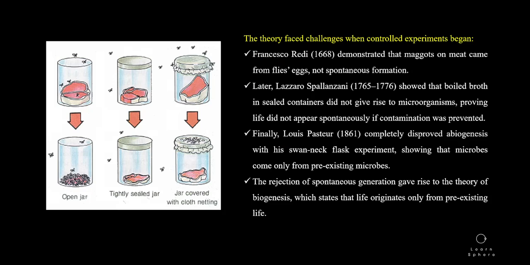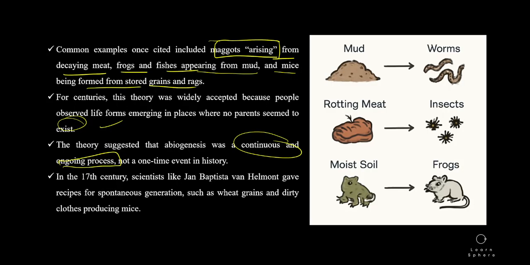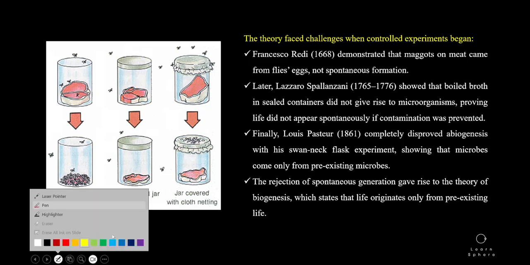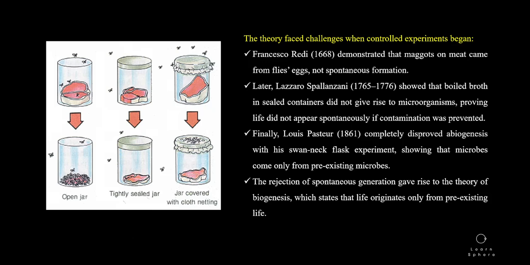In 1668, a scientist, Francisco Redi, performed an experiment to challenge the theory of abiogenesis. In this experiment, he placed a piece of meat in an open jar, in a tightly sealed jar, and in a jar which is covered with cloth netting.